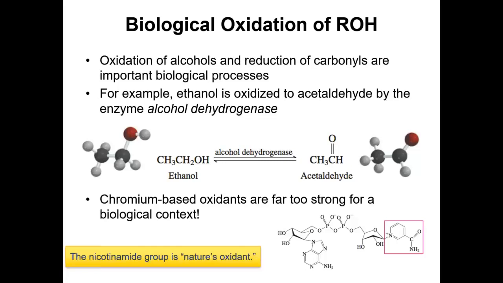The alcohol will be oxidized into an aldehyde first, then the aldehyde will be further oxidized into a carboxylic acid. So if you drink ethanol, it will be oxidized into acetaldehyde, and acetaldehyde then will be further oxidized to carboxylic acid.